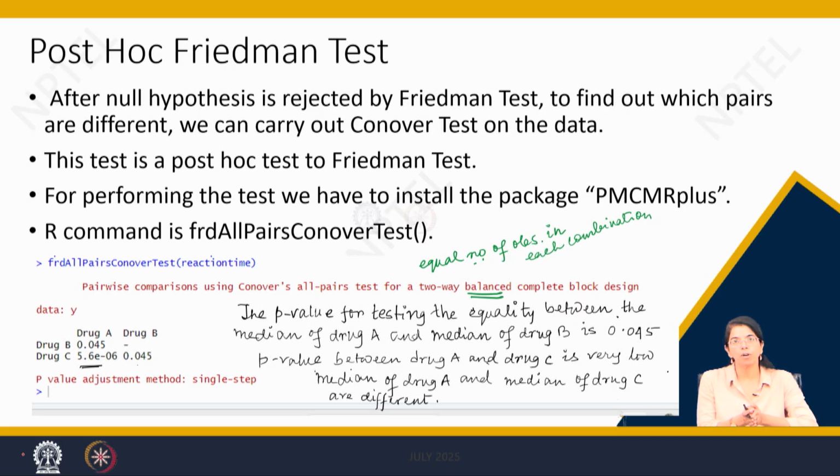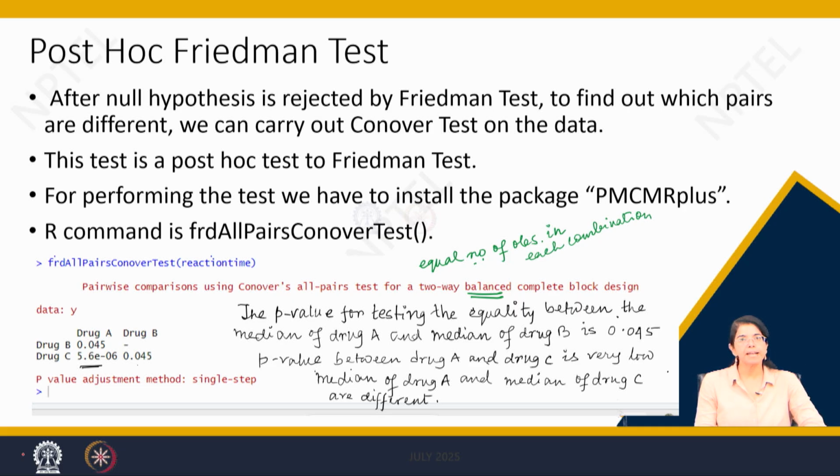Conover test is a post hoc test to Friedman test. For performing the test, we have to install the package PMCMRplus in your R Studio, and the R command is given there. I have just taken a snapshot of this portion from R Studio. You can also paste this command into your R Studio, and you will find the same output.